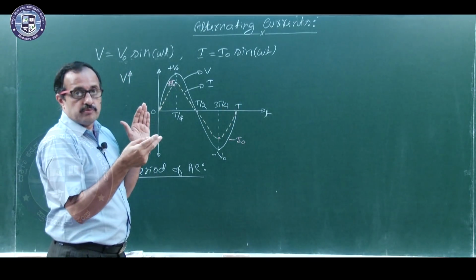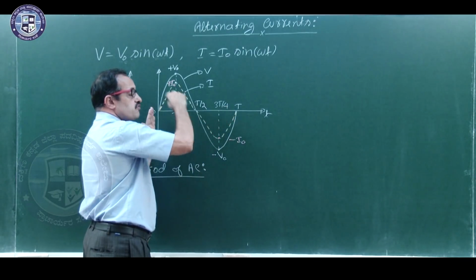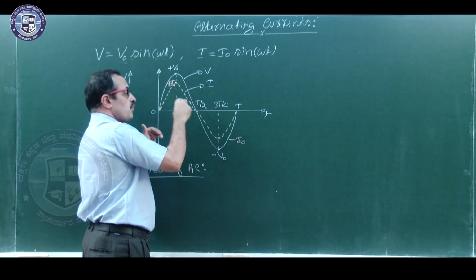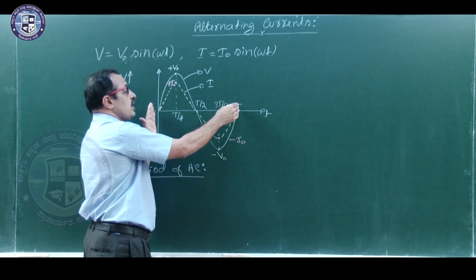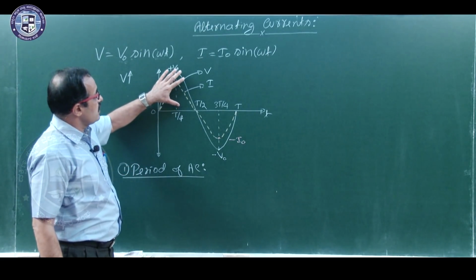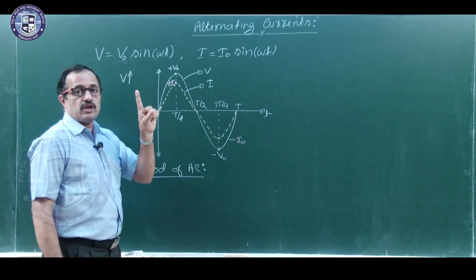If it is SHM, it is known as one oscillation. But it is not oscillation here because there is no body or particle, it is voltage, therefore it is known as the cycle of variation. What is the meaning of cycle of variation? Positive half cycle plus negative half cycle together are known as one cycle of variation.